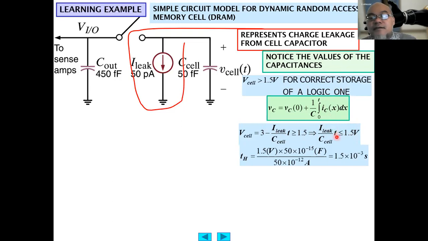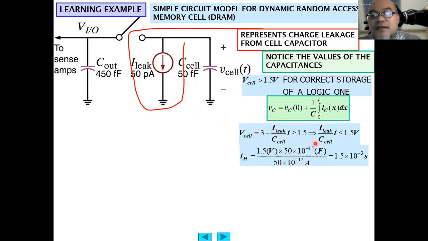Then the t for switching, in order that the correct logic 1 is stored, is calculated like this: 1.5 volt times the cell capacitance, 50 femtofarad, 50 times 10 to the power of minus 15, divided by the leakage current, 50 times 10 to the power of minus 12 ampere.